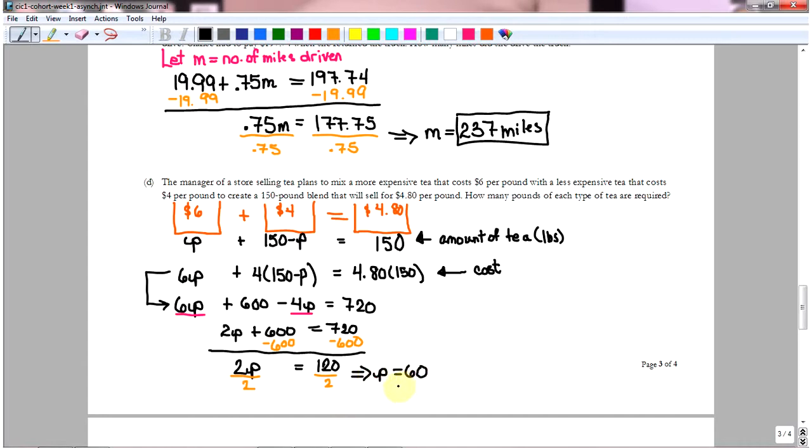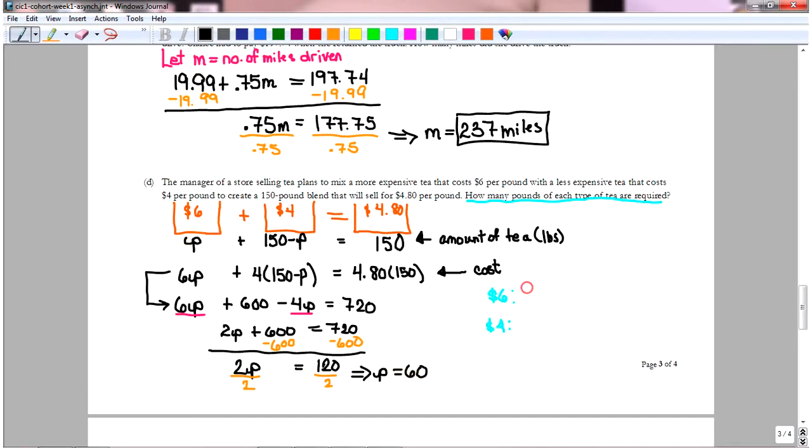All right, so now let's look to see if we've answered our question. How many pounds of each type of tea are required? So we haven't quite answered it. We need to say how many pounds of $6 tea and how many pounds of $4 tea. Well, the number of pounds of $6 tea is exactly p if you look right under our figure.